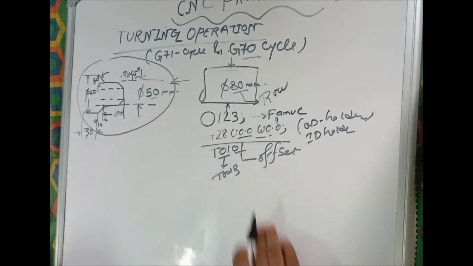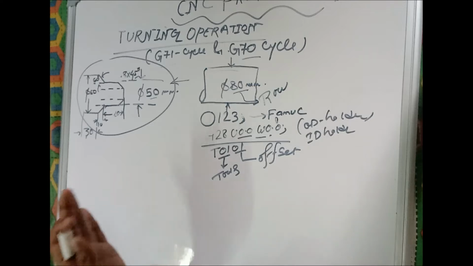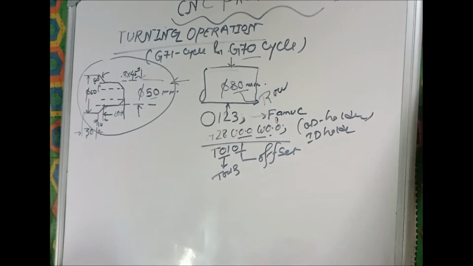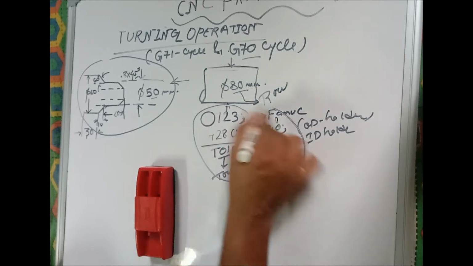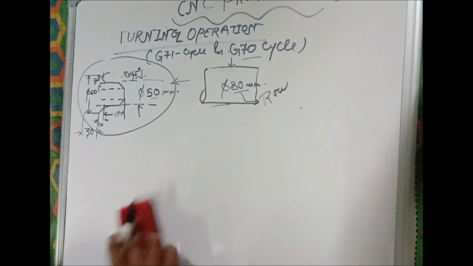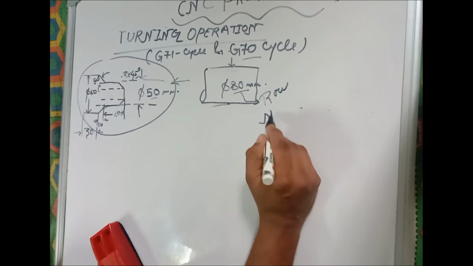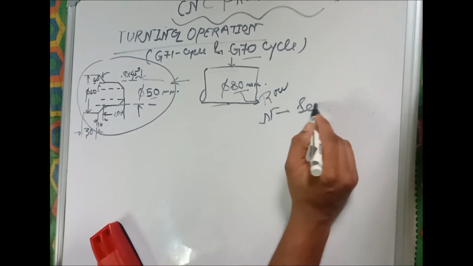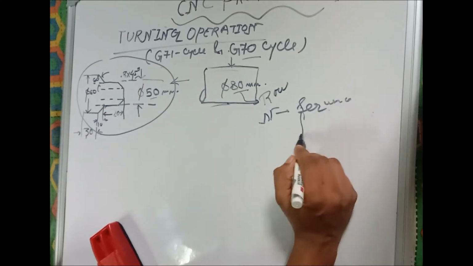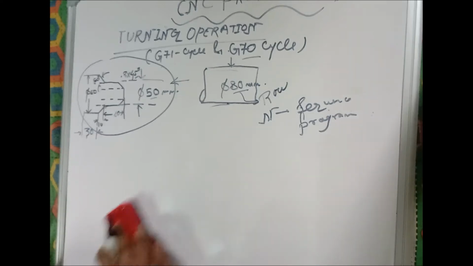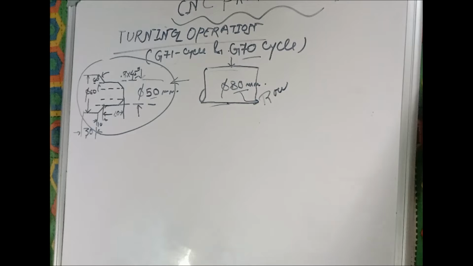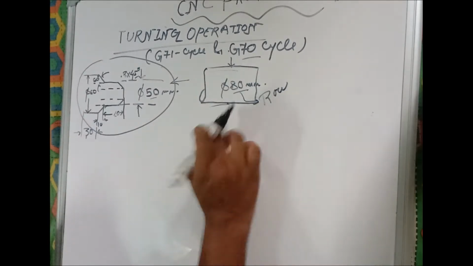Okay, so let's come to make the program. That is the basic for writing any kind of program. And another thing, N represents the sequence number of the program. Suppose we have to make this profile from our raw material.